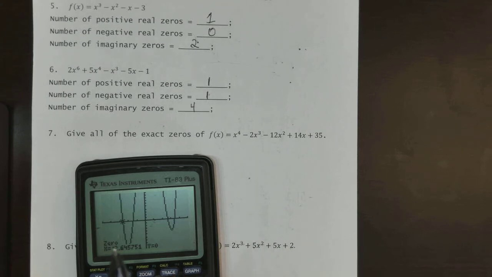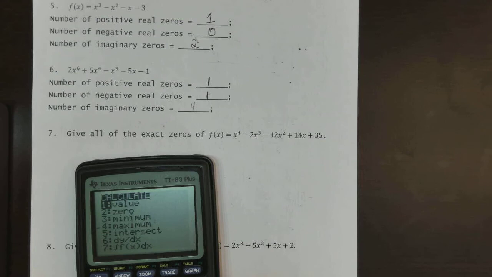So I'm going to try another one. Second calc, 0. Let's go here, enter, and here, enter. Not looking well, not looking as rational as I thought it would be.